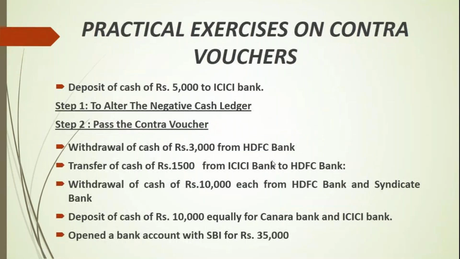So we have got this list of contra vouchers here. Deposit of cash of 5,000 into the ICICI Bank. Second is withdrawal of cash of 3,000 from HDFC Bank. Transfer of cash of 1,500 from ICICI Bank to HDFC Bank.